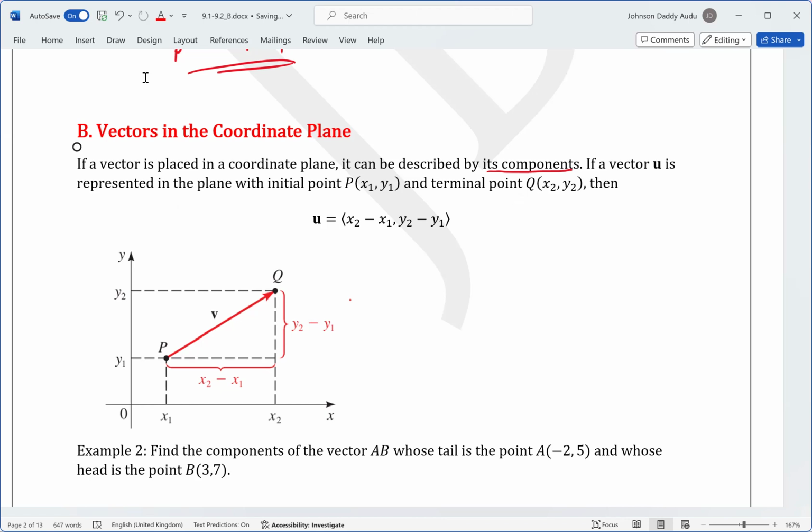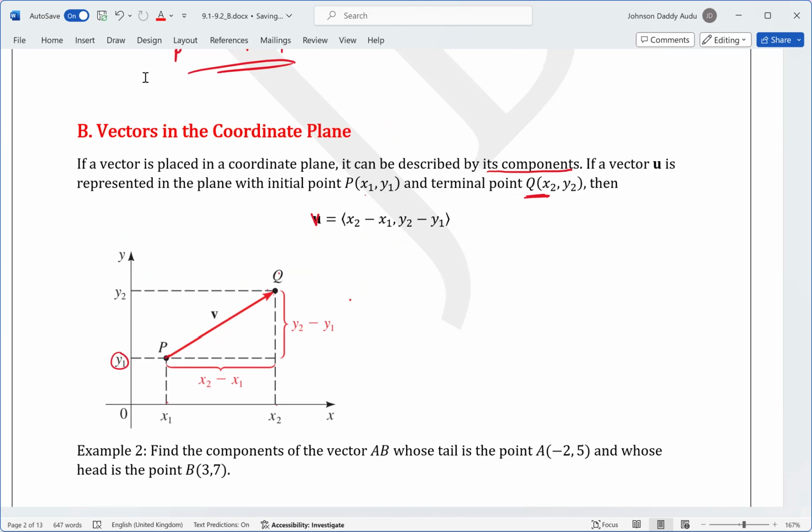For example, if you have a vector P, and its initial point is given by x1, y1, and the terminal point is given by Q, which is x2, y2. So this is the vector v.